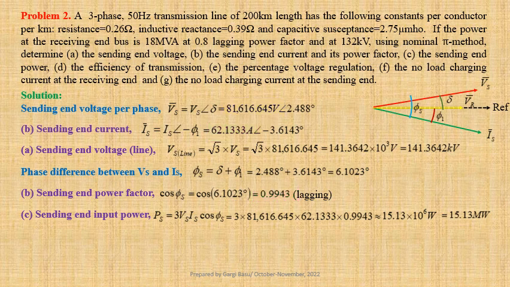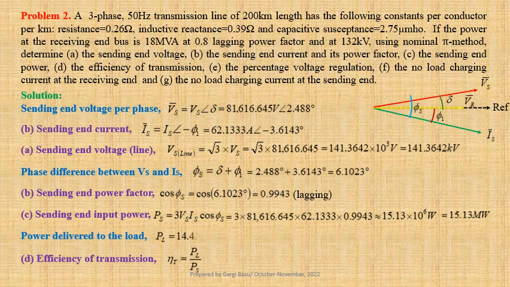Now we shall calculate efficiency of transmission. Eta T equals to PL divided by PS. We have computed power delivered to the load, PL equals to 14.4 megawatt.